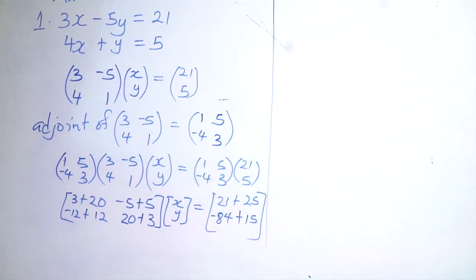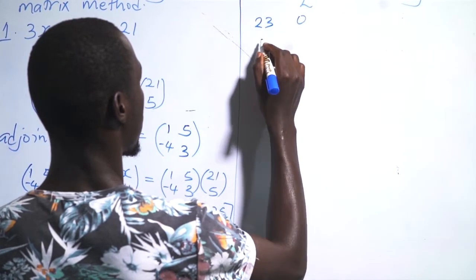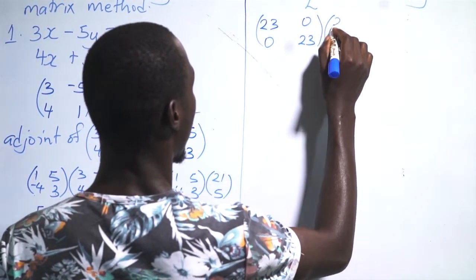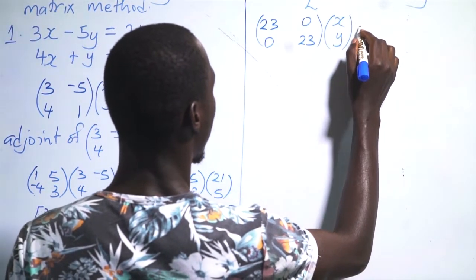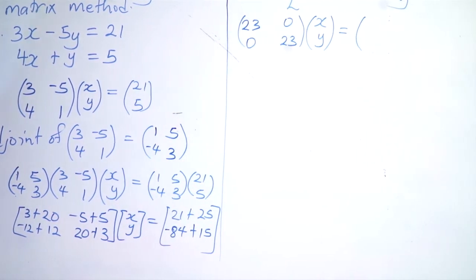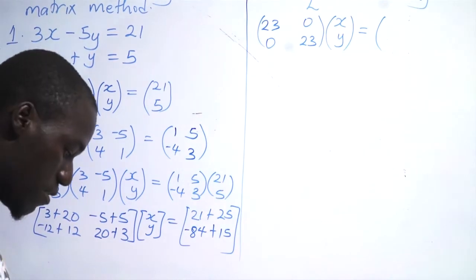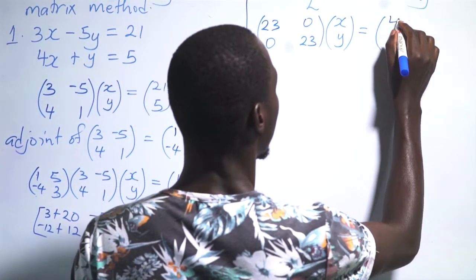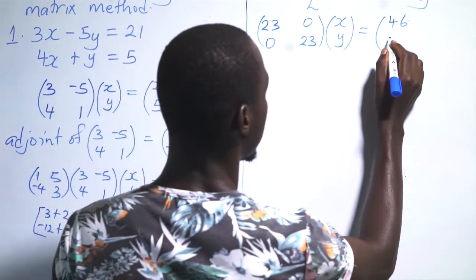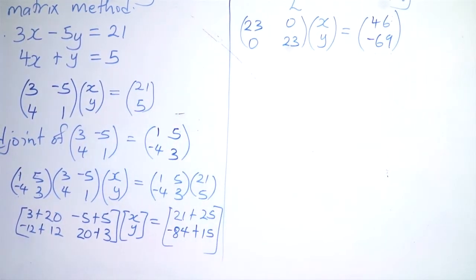Then when I add here, I'm having a 23, I'm having a 0, and a 20, 23. When I add there, using my calculator, I should be able to get the 46. Then when I add here, I should be able to get negative 69.